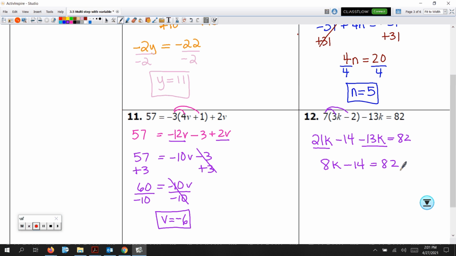Now we bring everything else down. Now we have a two-step equation. We always get rid of this random number on the side with the variable. Here's the variable. So I have this random negative 14, so I'm going to add 14. Okay, 8k equals 96. Divide by 8. k is equal to 12.